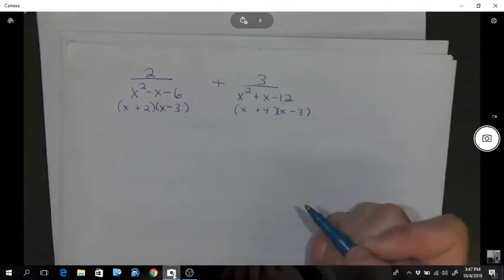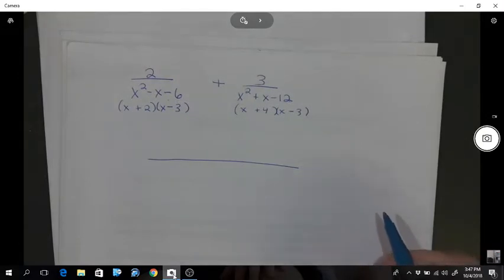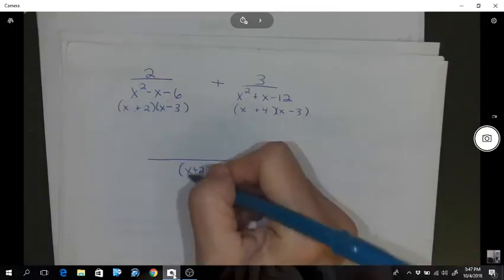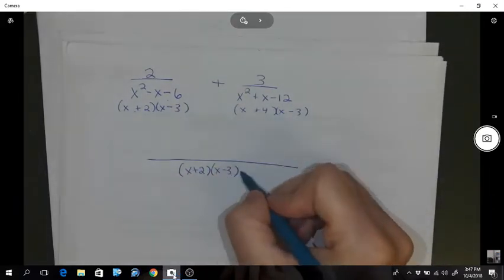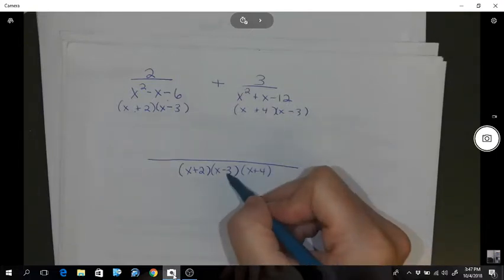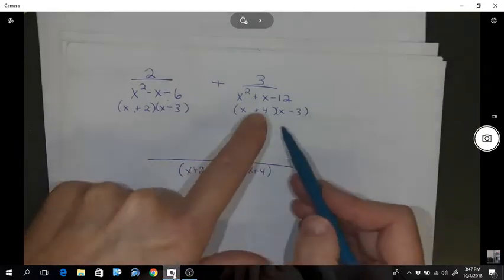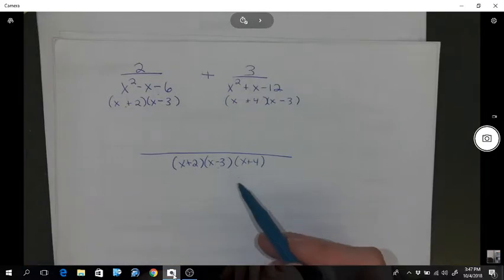Okay, so we need a common denominator now that we've factored. So the factors I need in the bottom, I need an x plus 2, I need an x minus 3, and I need an x plus 4, but I don't need to repeat that. So does this fit in there? Yes. Does this fit in there? Yes. See how they both fit in there.